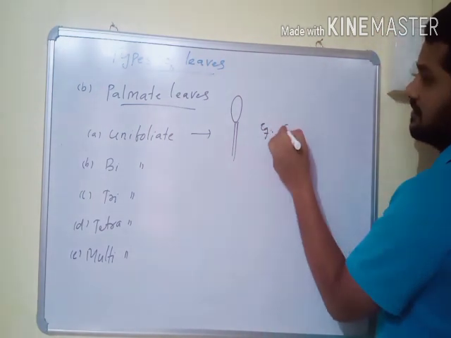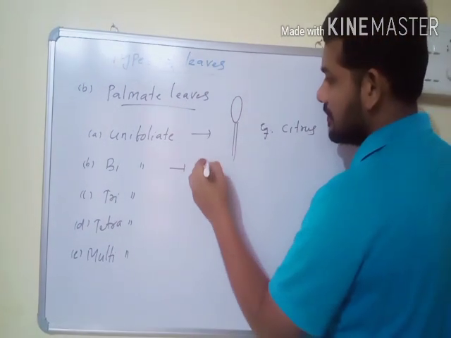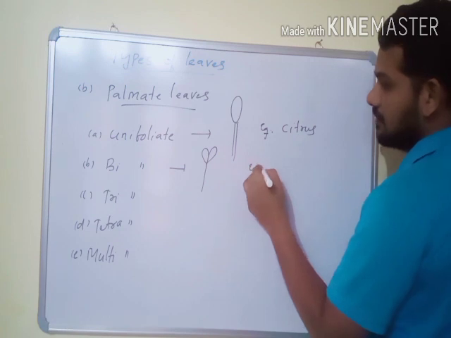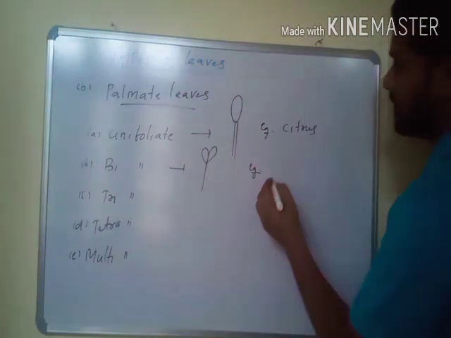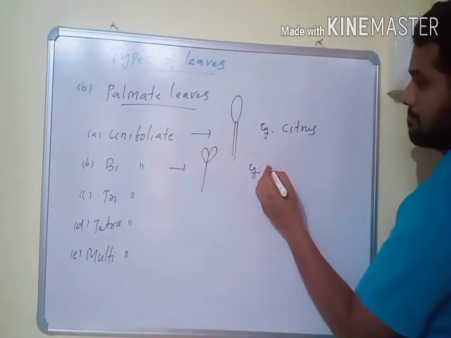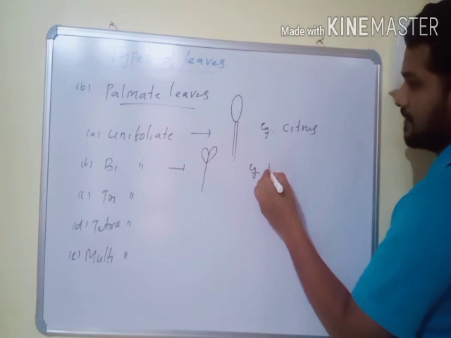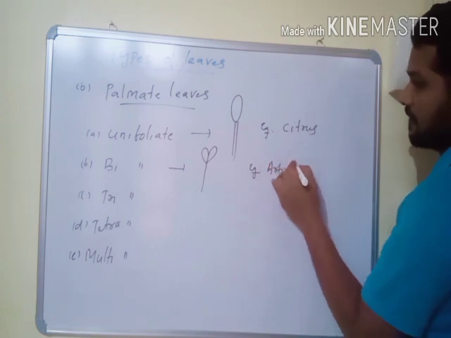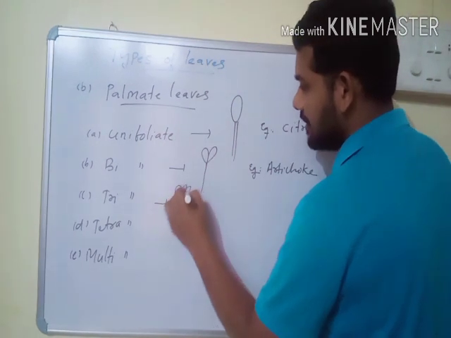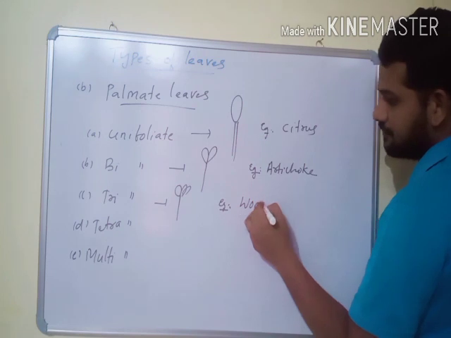In unifoliate compound leaves, the apex of the pinna has a single leaflet. Example, citrus species. In bifoliate, the tip has 2 leaflets. Example, artichoke. In trifoliate compound leaves, 3 leaflets are present. Example, wood apple.